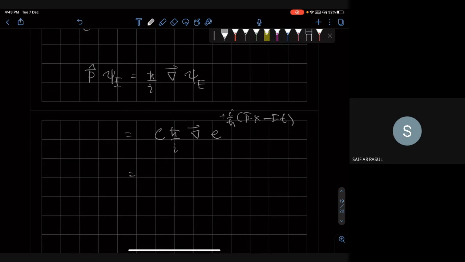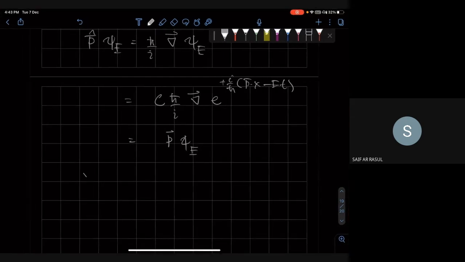Maybe just take plus here, it doesn't matter because we can play with the sign of p. And then what I get is p times ψ_E, right? But it is not an eigenstate of the position operator, right?